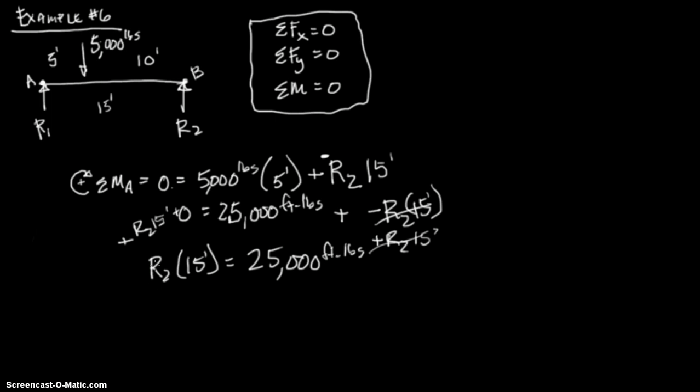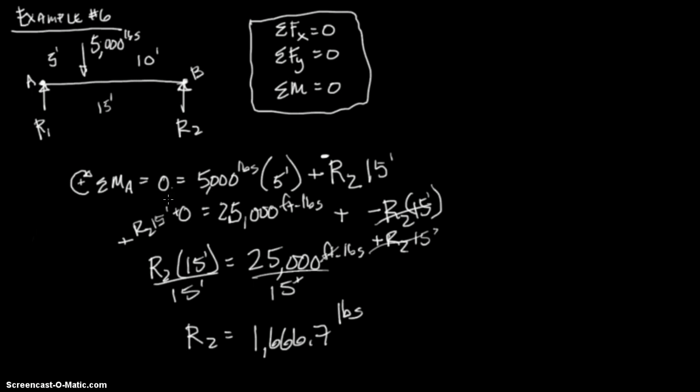Now, you want to isolate your unknown, so you divide by 15 foot. You divide this by 15 foot. And you get R2 equals 25,000 foot-pounds divided by 15 feet, which is going to leave you pounds, and that is 1,666.7 pounds. And we're going to go ahead and check that with the answer. 1,667. Yeah, we just took it to one significant figure further, so we're good on that.